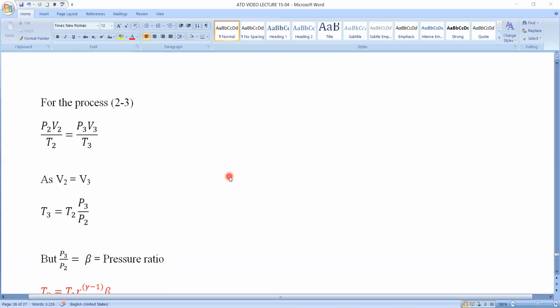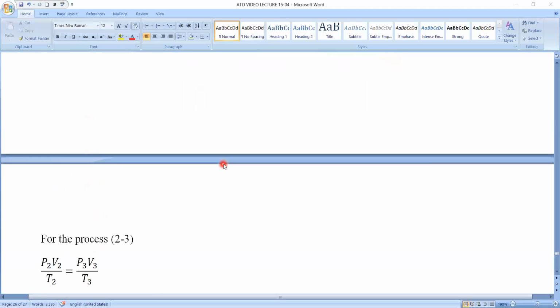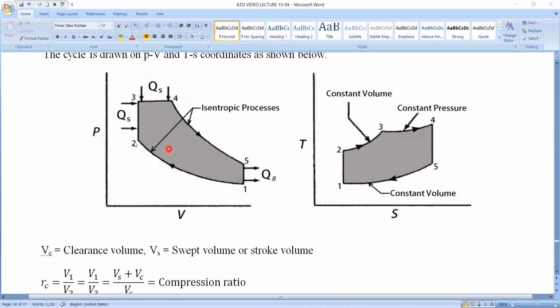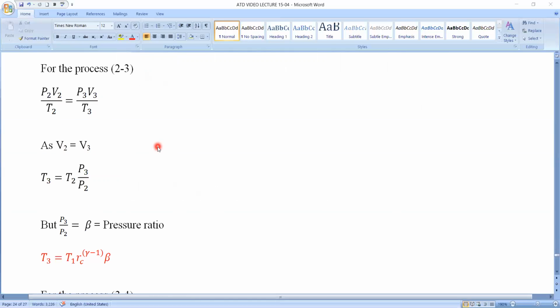Let's proceed further. For the process 2 to 3, as I said, for a constant volume process or constant pressure process, use the perfect gas equation. So P2 V2 by T2 is equal to P3 V3 by T3. Now 2 to 3 is a constant volume process, so V2 is equal to V3. Just cancel these two terms, V2 and V3.